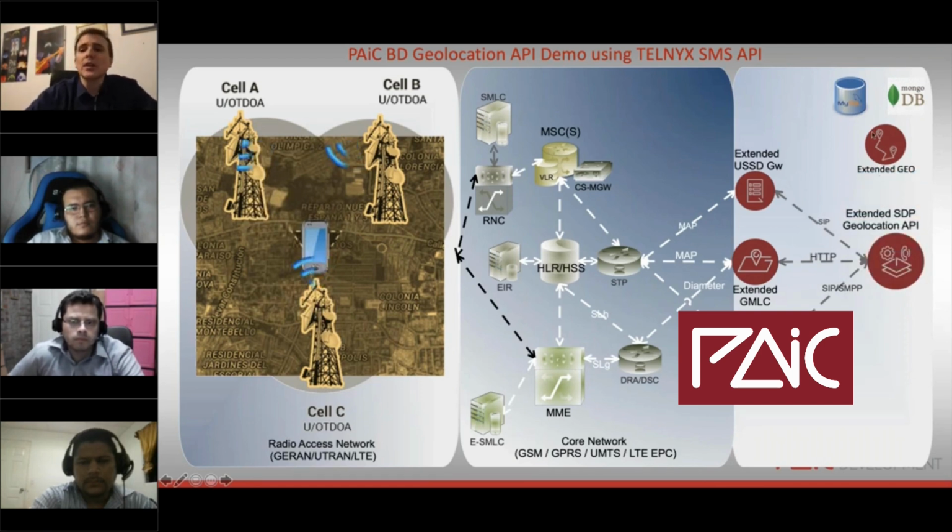So this platform can show on a Google map where the USSD requester is.